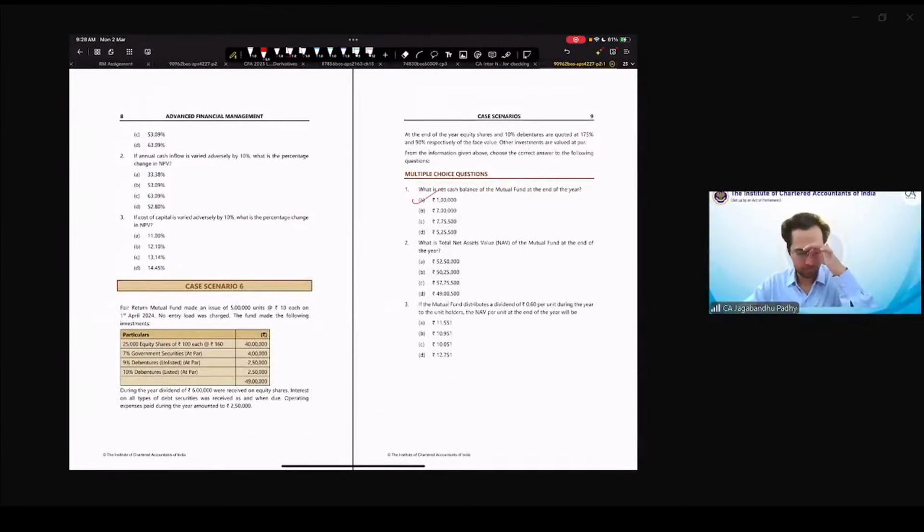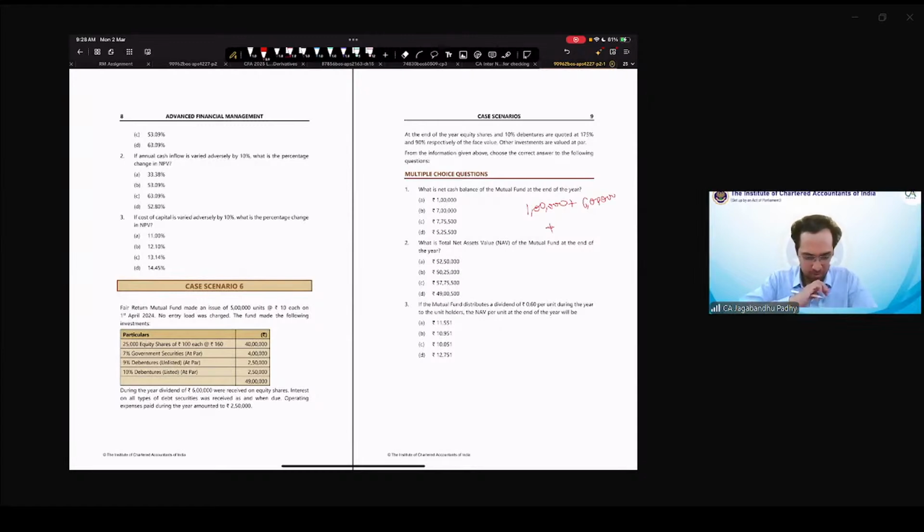Beginning cash is 1 lakh. But during the year, you received a dividend of 6 lakh. Interest on all debts were received as and when due, and operating expenses paid during the year amounted to 2 lakh 50,000. So you start with 1 lakh. On that, you received 6 lakh dividend, plus the interest.